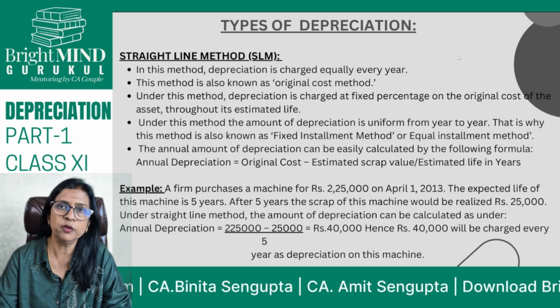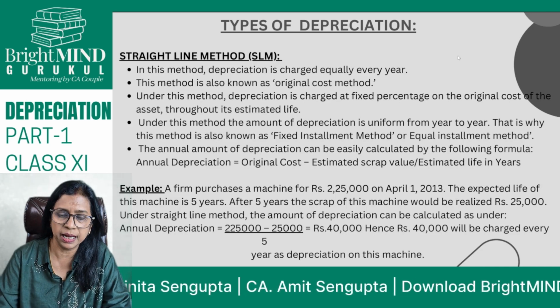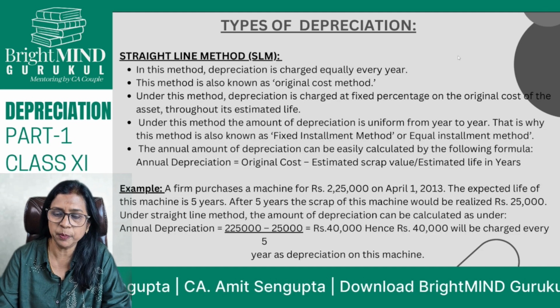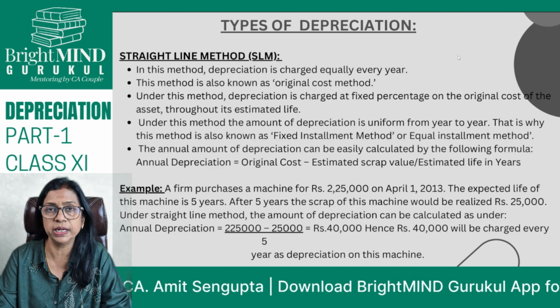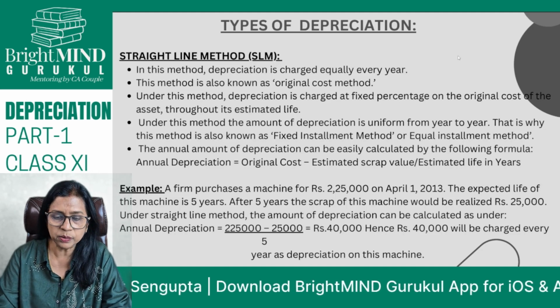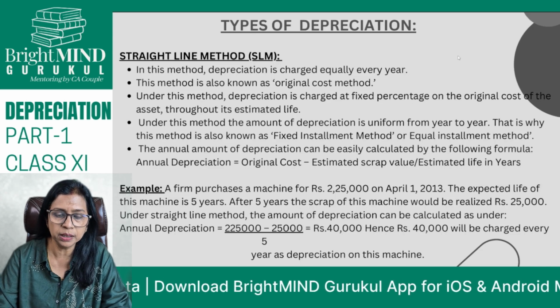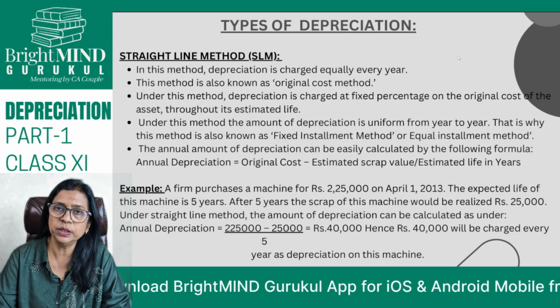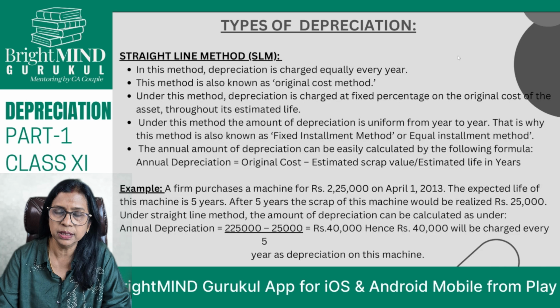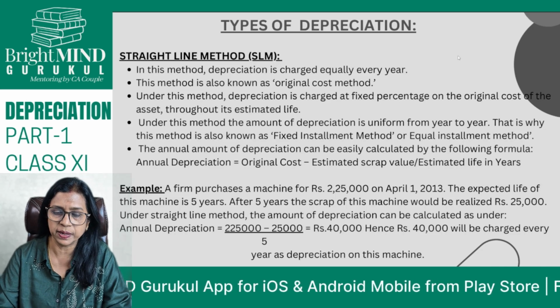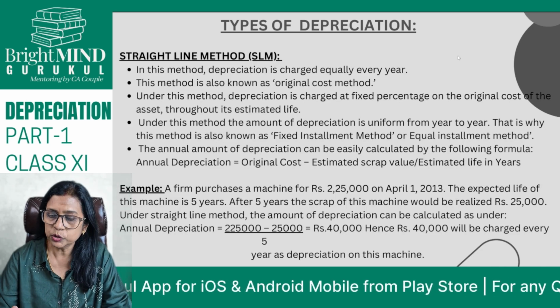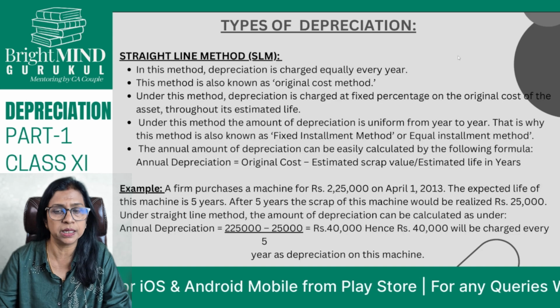The expected life of this machinery is 5 years, and after 5 years the scrap of this machine will be realized at 25,000. So how to calculate this? Putting the formula, 2,25,000 original cost minus 25,000 divided by number of years, that is 5. That comes to 40,000. So 40,000 depreciation will be charged every year.